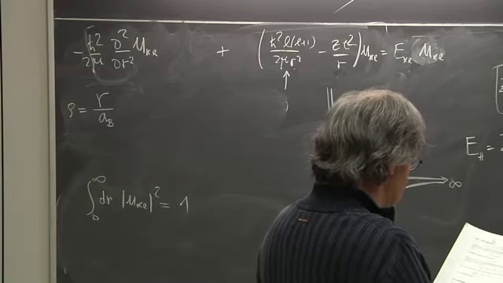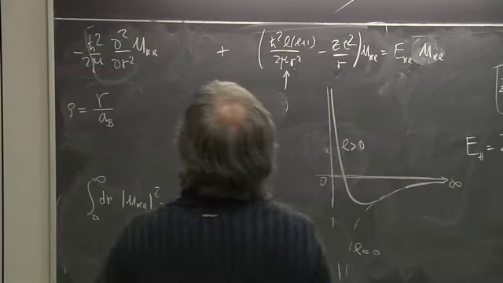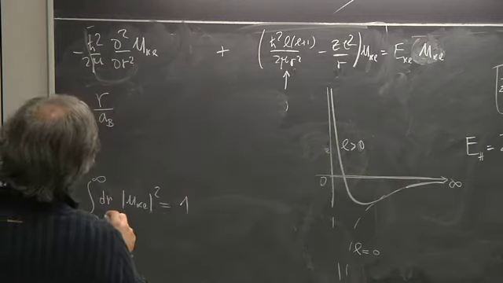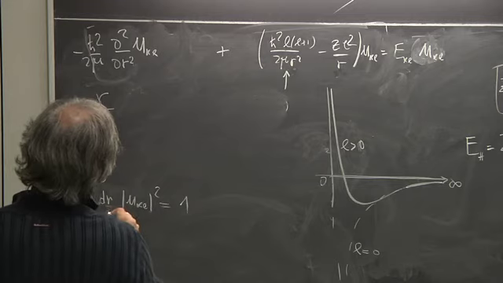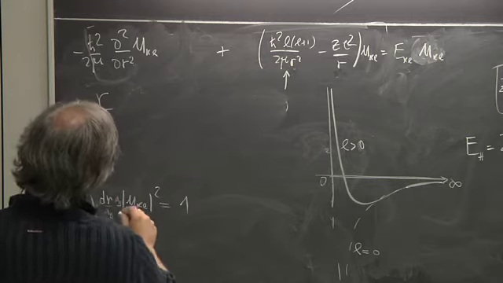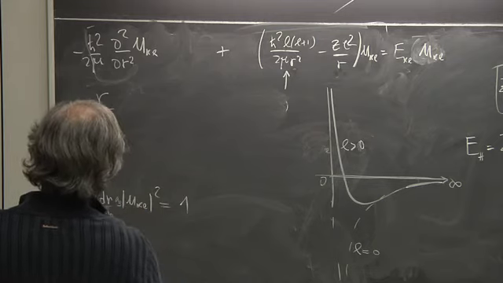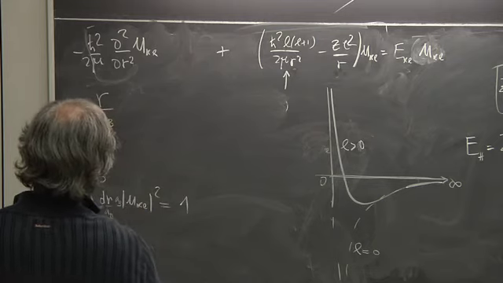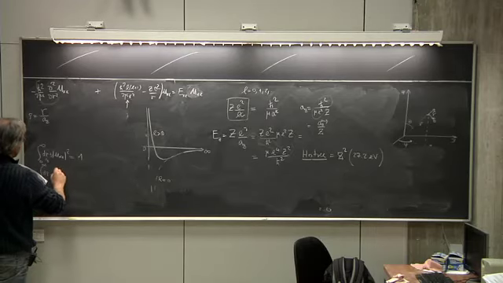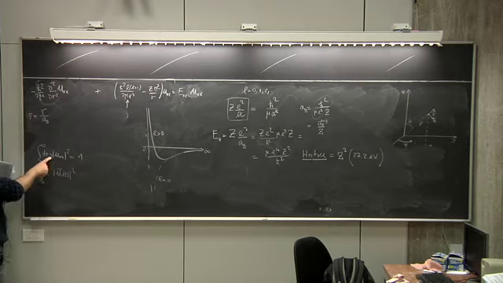By the way, in order to really be consistent with this, if I put here a factor a_B, I really have to rewrite this as an integral from 0 to infinity in d rho, and the new function u tilde of rho has a factor square root of the Bohr radius in it, okay?